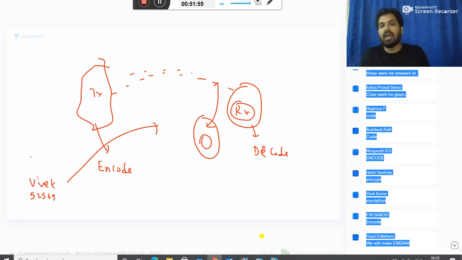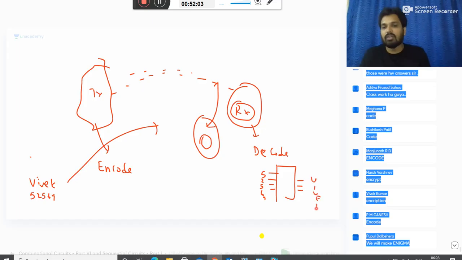At the receiver, you will have the corresponding decoder. If you give 52569 as the decoder input, the output will give Vivek. So you can design your own encoder, and your own decoder. The corresponding decoder should be present for the encoder to get your data transmission properly and understand the data properly.